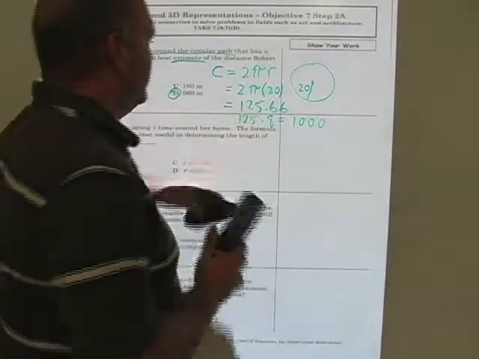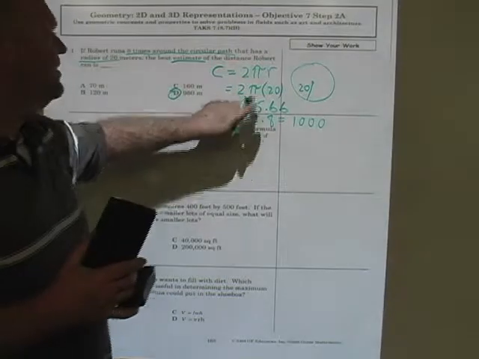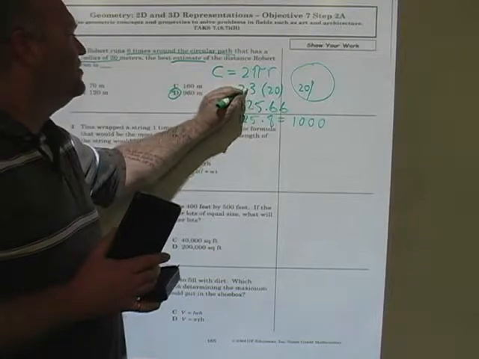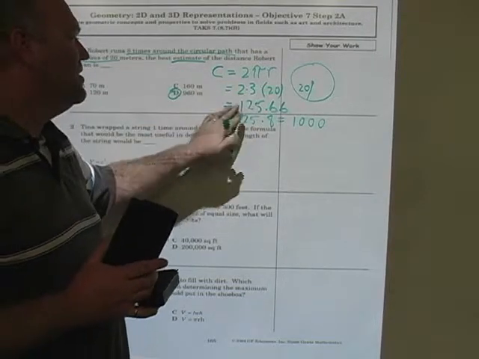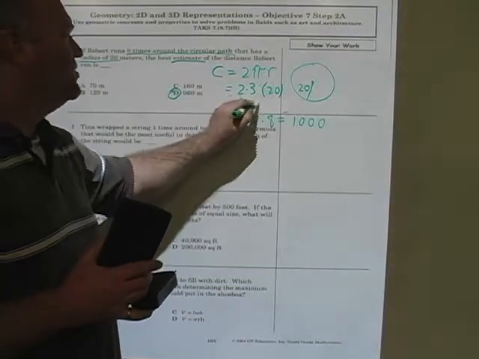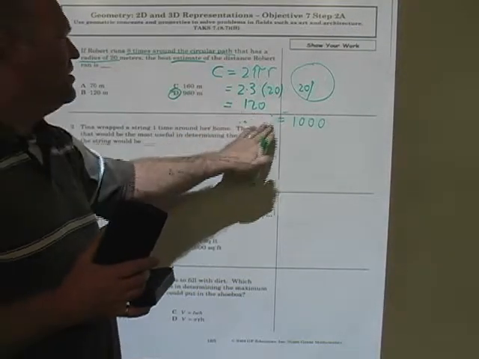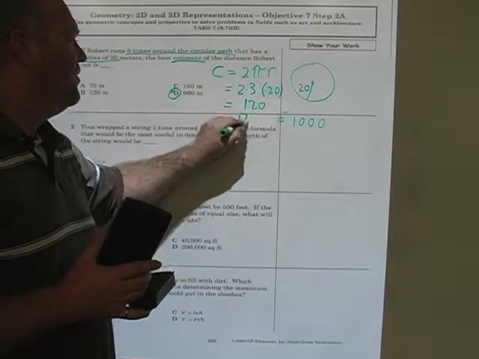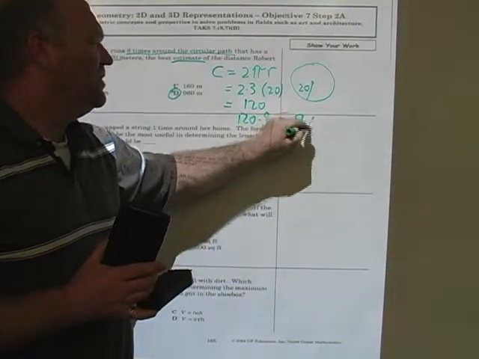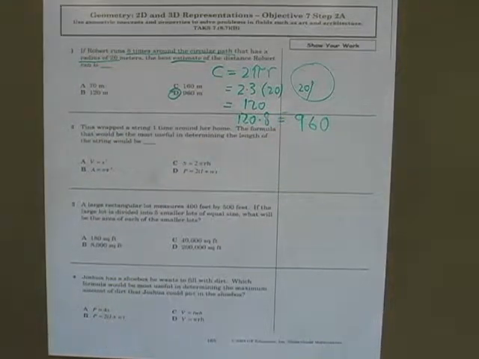So if pi is 3, 2 times 3 times 20 would become 120, and then you do 120 times 8, and that would be where you get the 960. But either way, 960 was the only answer that even made sense there.